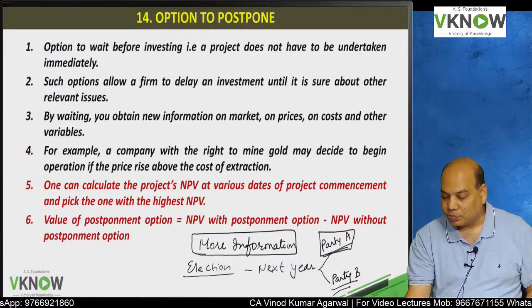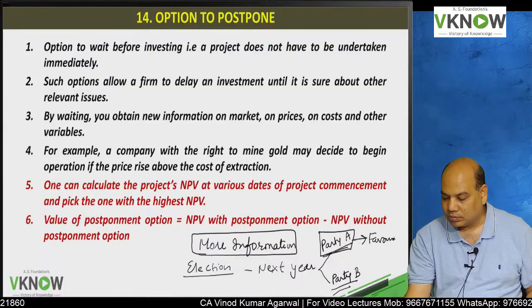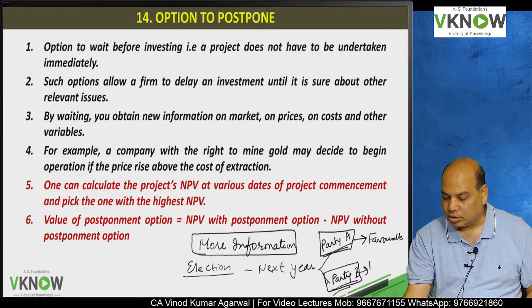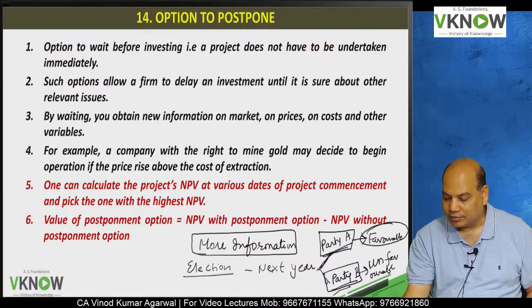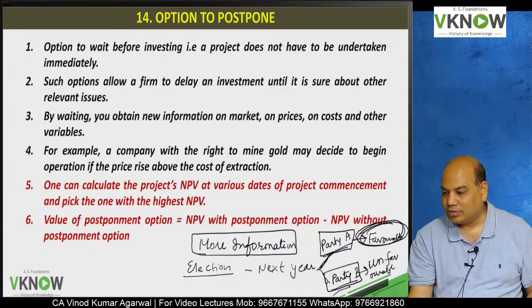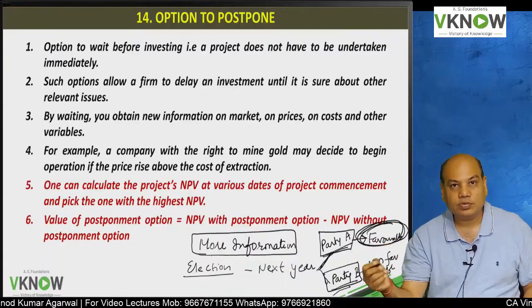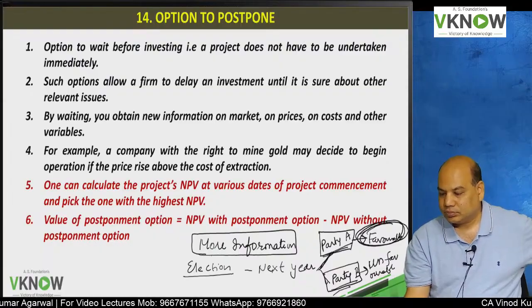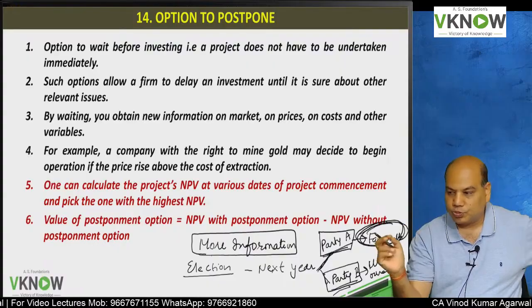If Party A comes to power, their policy will be favorable to me. If Party B comes to power, their policy may be unfavorable to me. So if I wait for 1 year, I will have clarity whether Party A or Party B has come to power, and accordingly I can take a more informed decision. But for that I have to wait, and there is a cost of waiting, which is called the value of the postponement option.